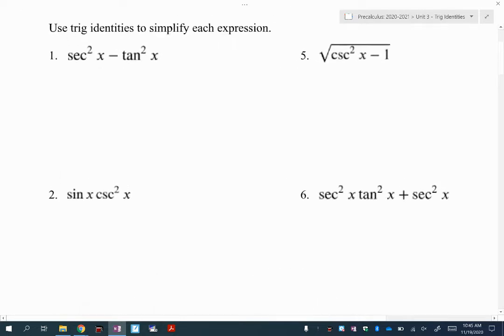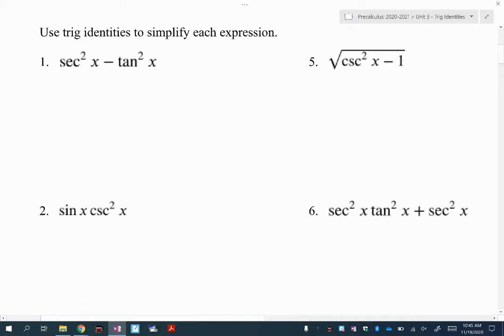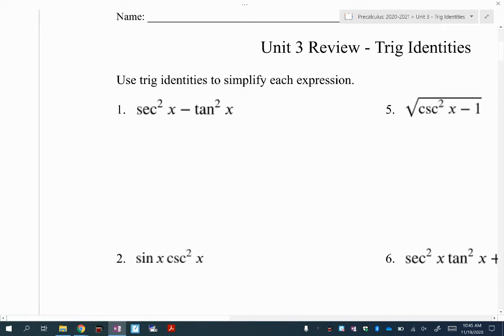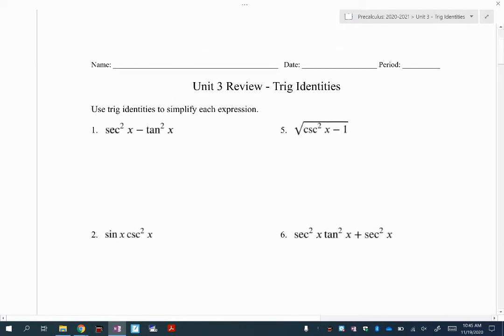Okay, so let's look at number 1. Number 1 says secant squared x minus tangent squared x. Now, there's an identity, one of them that we've used in the past, that says 1 plus tangent squared x equals secant squared x.